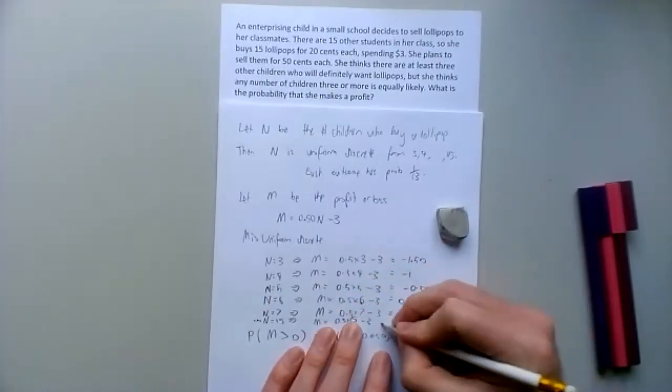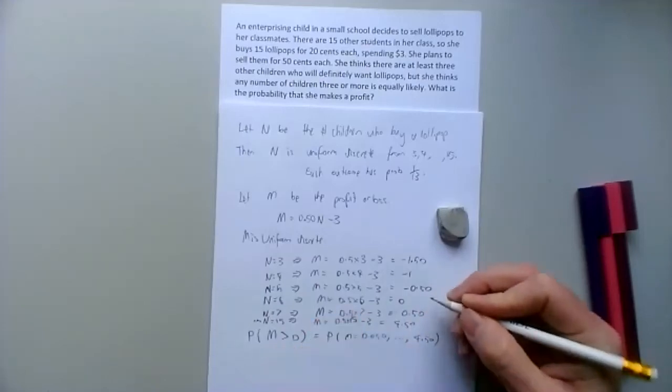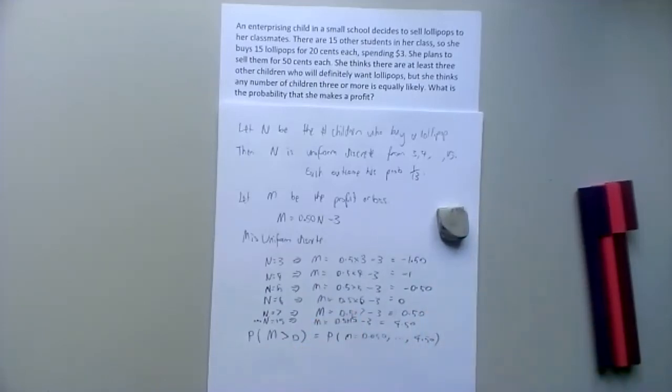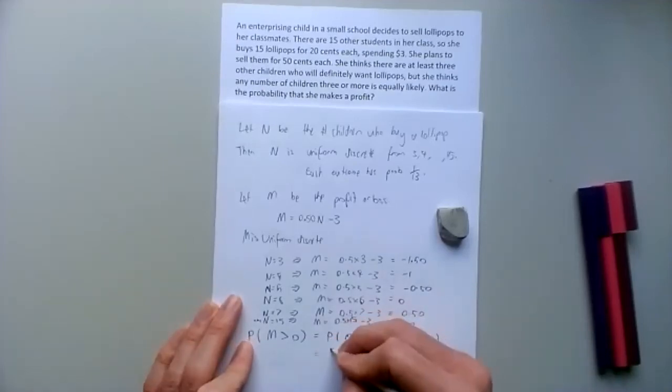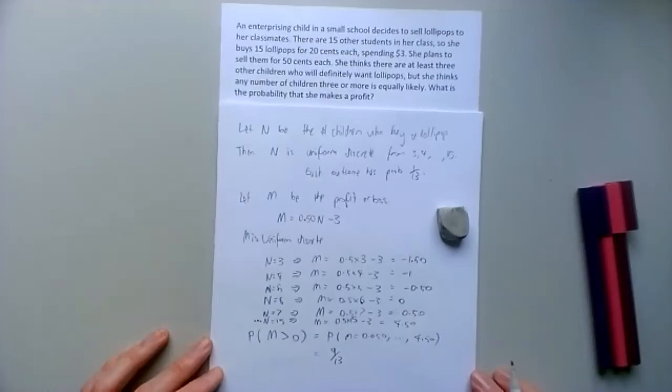So 7.5 minus 3, 4.5. Okay. So the number of options goes with n being from 7 to 15. So that's 15 minus 6, which would be 9. So there's 9 options and each of them's worth a 13th. Okay, cool.